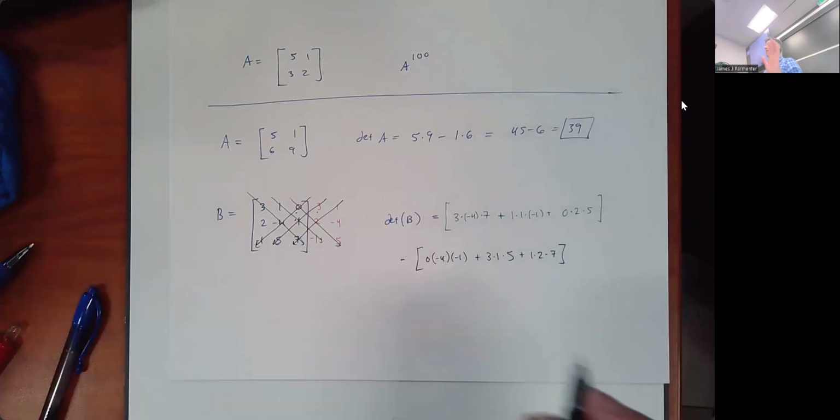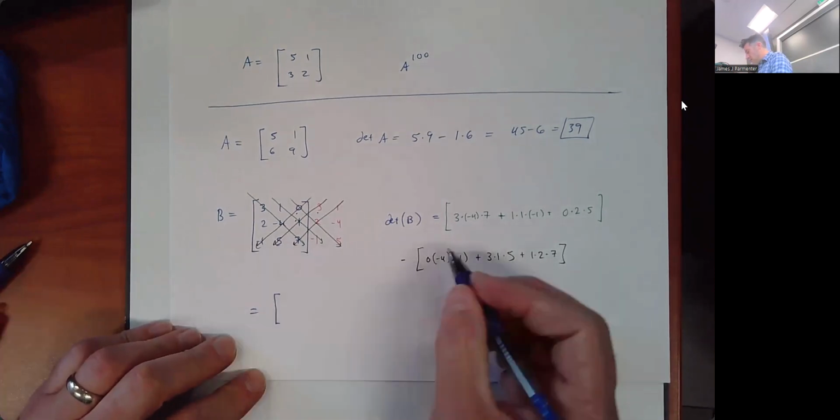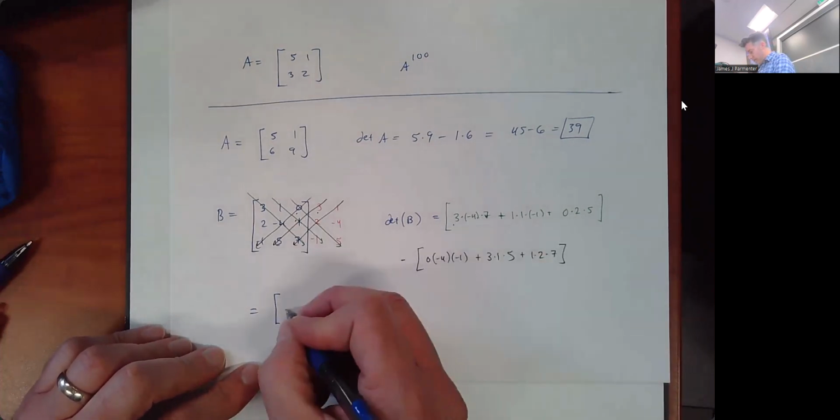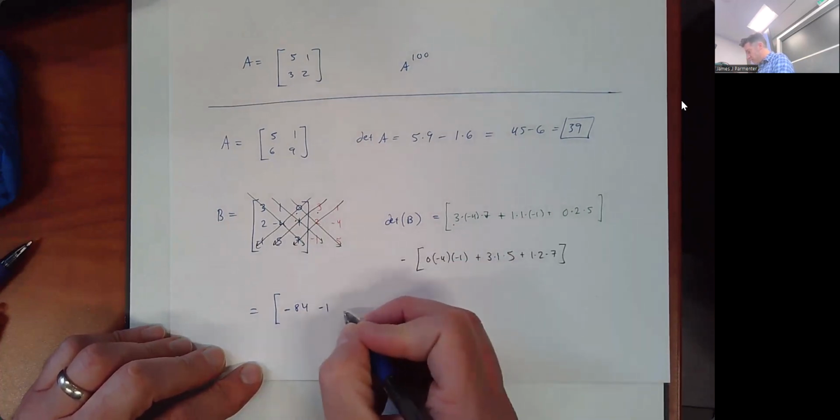This is not the only way to do it, but it is probably the fastest way to do it for a 3 by 3. Simplifying this, 3 times 7 is 21, and 21 times 4 is 84, so negative 84. 1 times 1 times negative 1 is minus 1, plus 0.